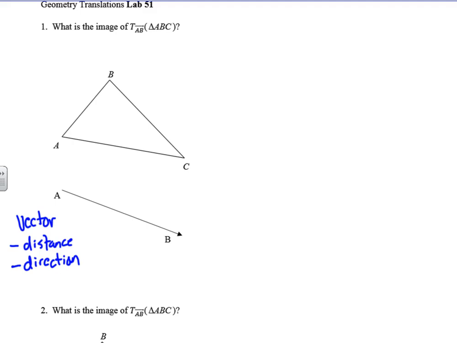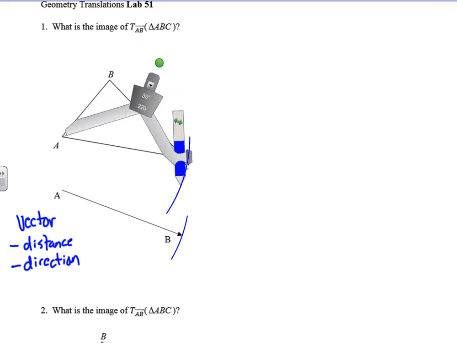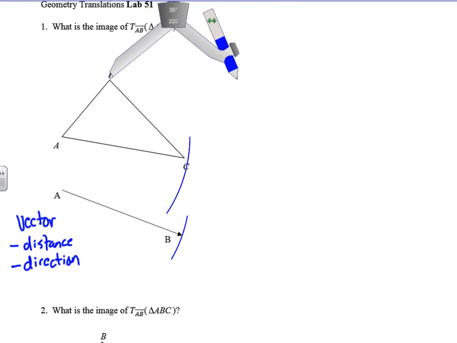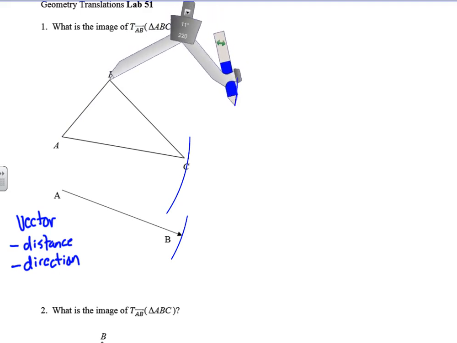So the first thing I'm going to do is, with my compass setting, I'm going to measure the distance of my vector by opening the compass up the full length of here. Okay. Now I'm going to come up to point A, and I'm going to swing an arc here for A. Then I'm going to come over to B, and I'm going to swing an arc at that same distance.